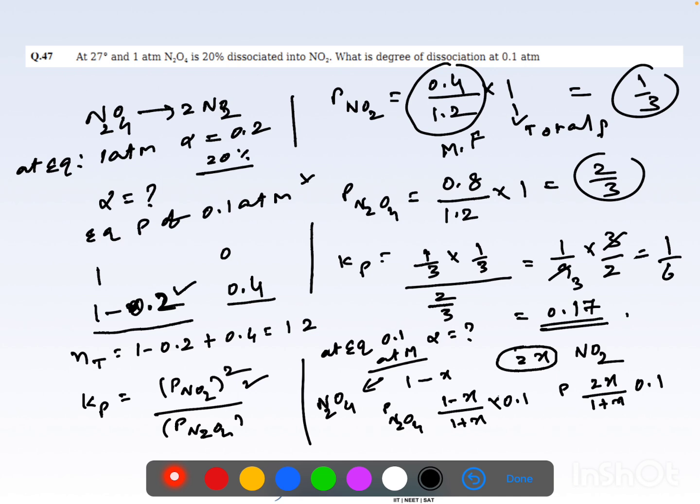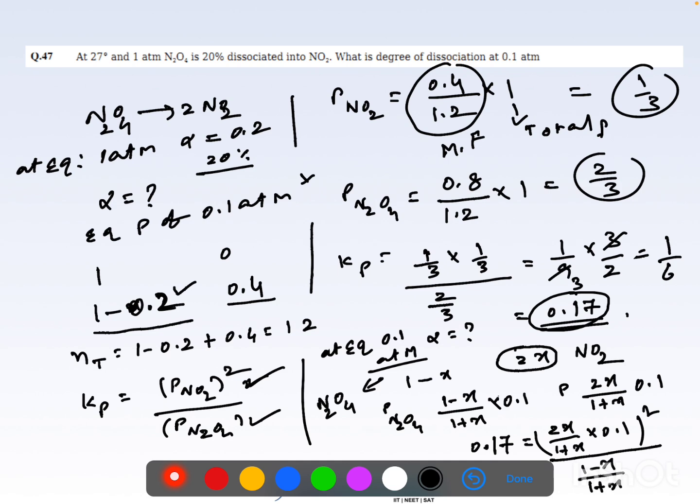Now we know that the Kp value is 0.17. So we should get 0.17 equal to the partial pressure of NO2 squared, divided by the partial pressure of N2O4; we should take the ratio. So NO2 is (2x divided by (1 plus x) into 0.1) power 2, divided by ((1 minus x) by (1 plus x) into 0.1).